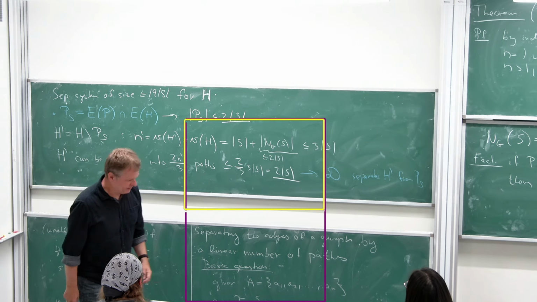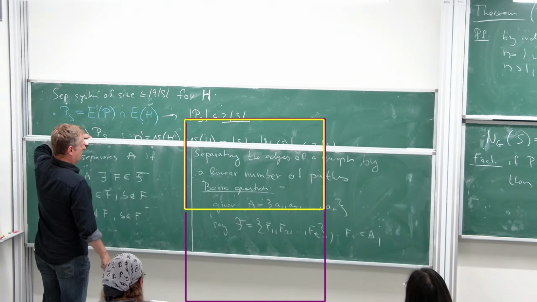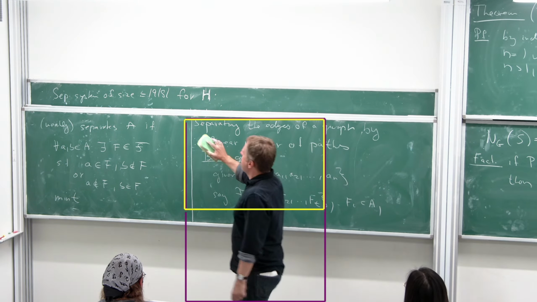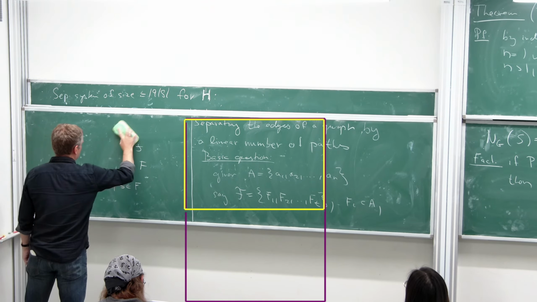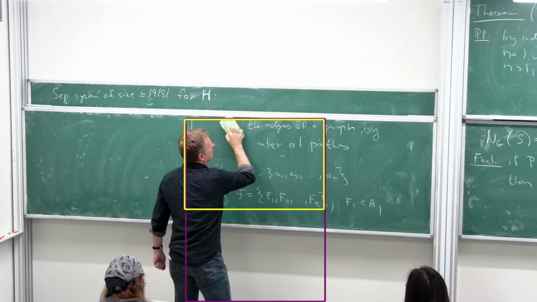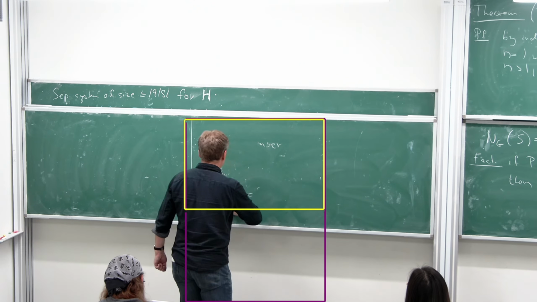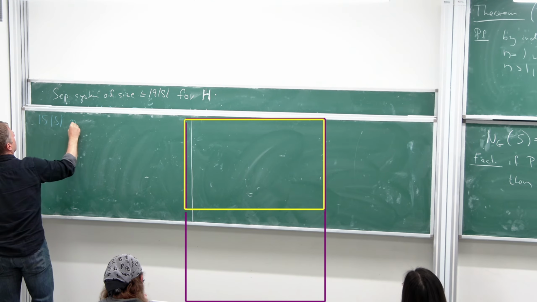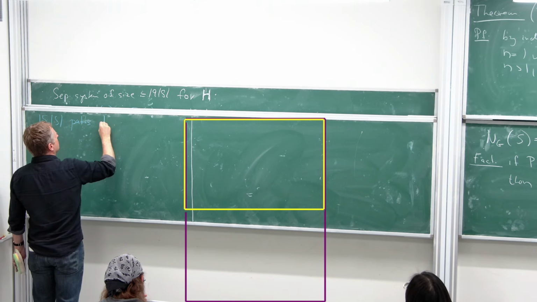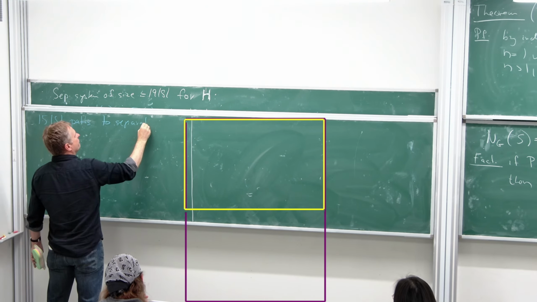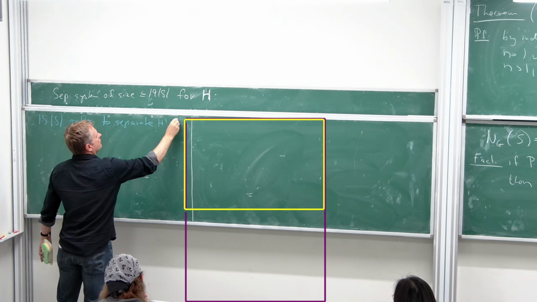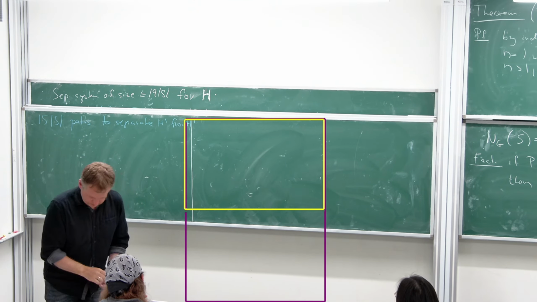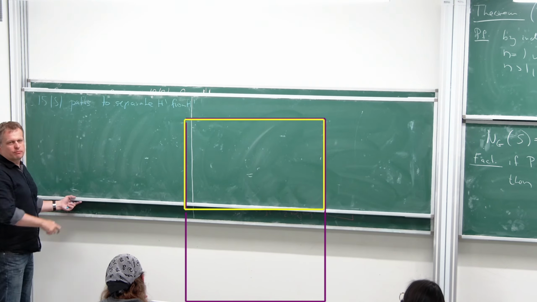Okay. So how do I separate H prime from H prime? Okay, so how do the edges of H prime look like?